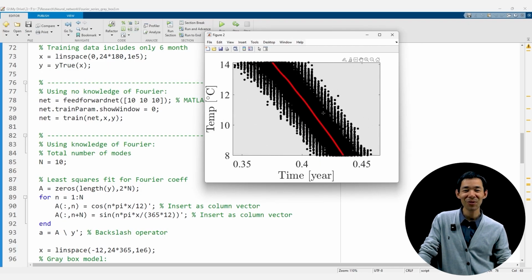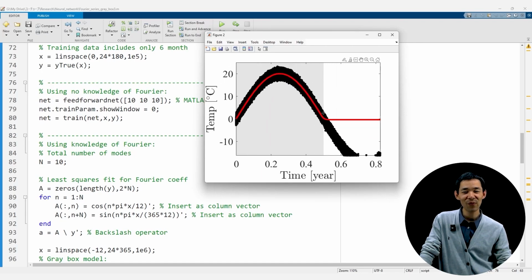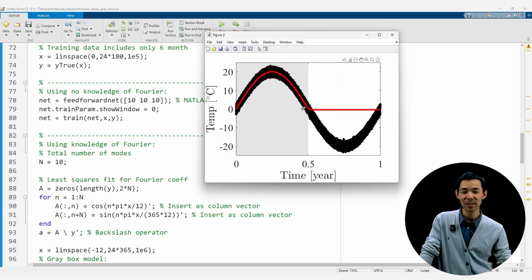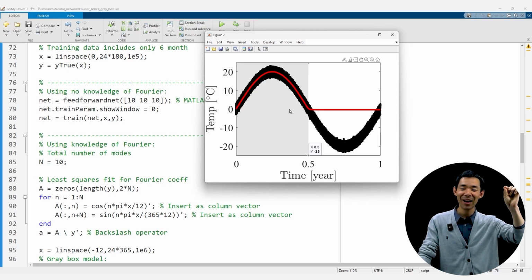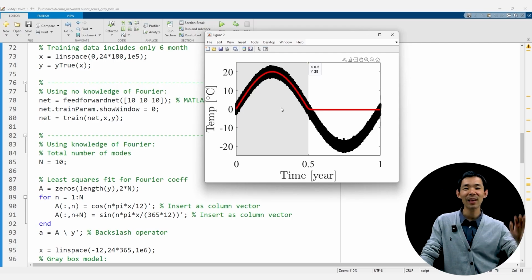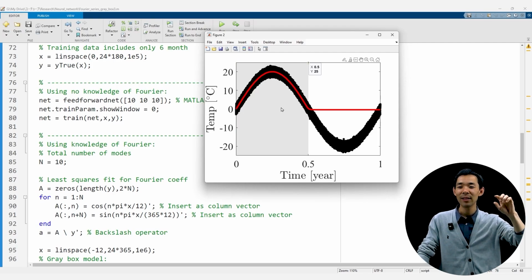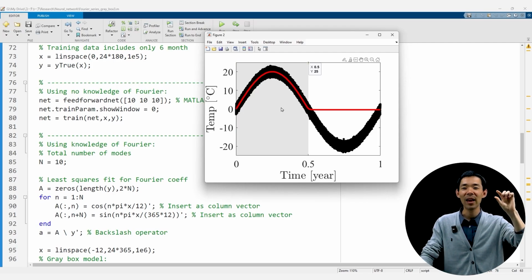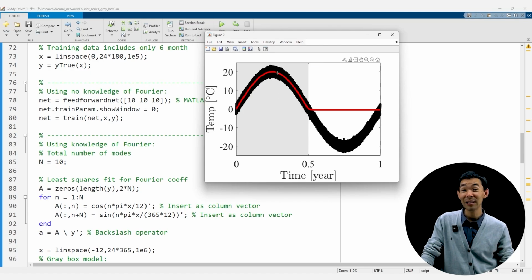And what's kind of interesting is because we're feeding data over the six-month cycle, it's minimizing the mean error across this entire range. And so it's saying, well, I don't really care about the couple of degrees of error that I'm incurring on a day-to-day cycle because I'm capturing the overall trend.